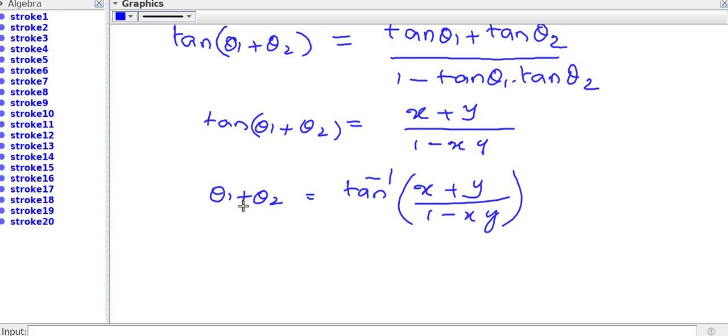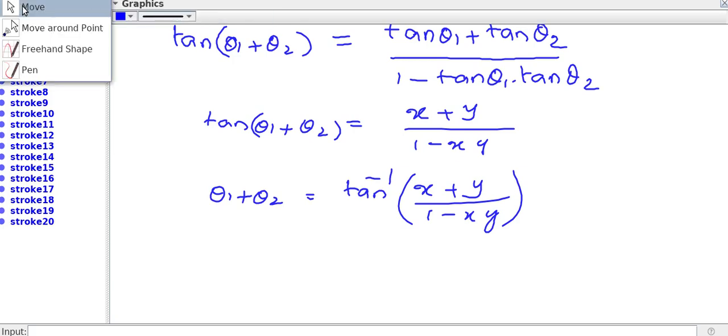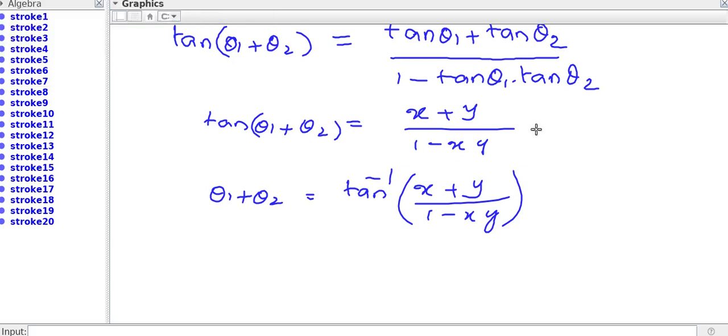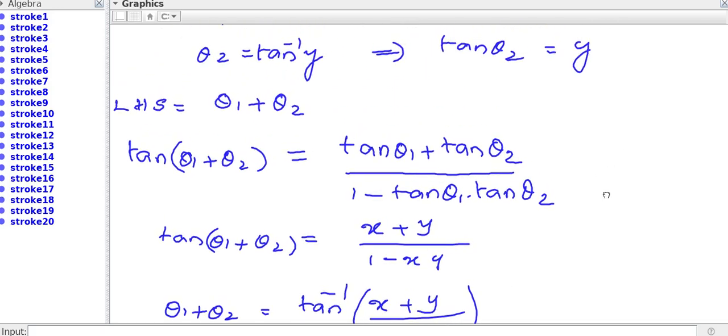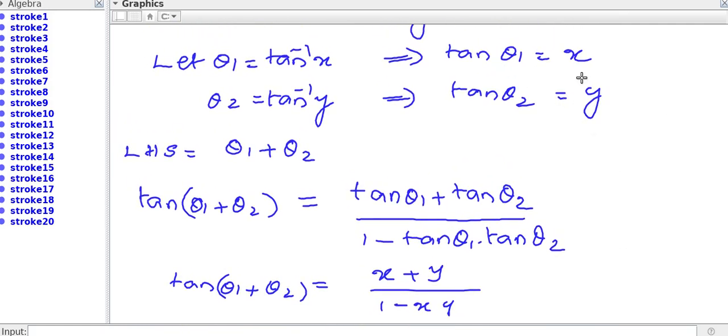Now what about theta 1 and theta 2 that we have already? Let us go back to the starting stage of the problem. So look at this one, theta 1 plus theta 2 equals tan inverse of x plus y by 1 minus xy. Now here tan theta 1 is x, tan theta 2 is y.